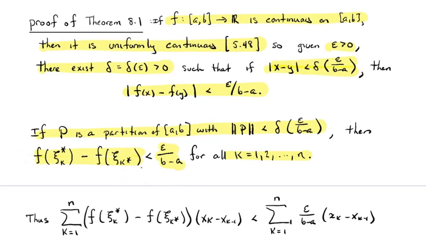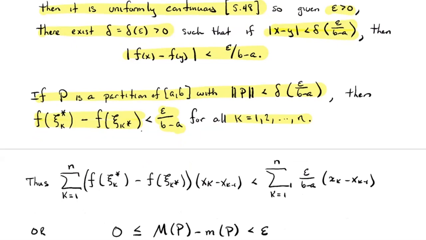It's a positive number, right? And then I could add all those things up and I would still have a strict inequality. So that's what I've got on the next line. I just take that difference of those function outputs and multiply it by the width of the kth interval and add them all up. But every one of those things is less than epsilon over b minus a times the width of those subintervals. So same for the sum.